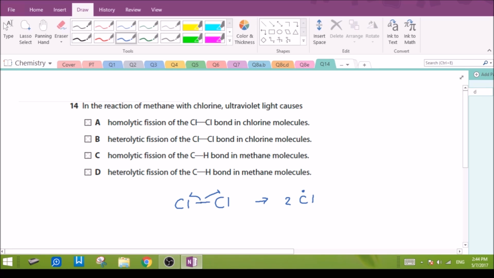So there is an equal splitting of electrons, or equal sharing of electrons once they go their separate way. So it's a homolytic reaction or homolytic fission. Homolytic means they share equally. If one chlorine takes both electrons, then it will be heterolytic. Alright, but because the two electrons are shared equally, it is homolytic. And the homolytic fission is between the chlorine bonds to form the chlorine radicals.